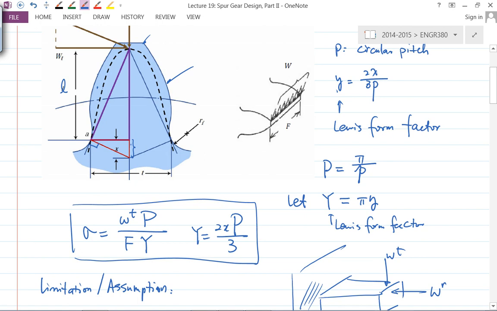So when you design a gear, you often pick a number of teeth and a diametral pitch, right? So the gear tooth profile has a form. As you change the number of teeth or the diametral pitch, the gear tooth profile will slightly change, and that change will result in a change of this X. That makes sense, right?